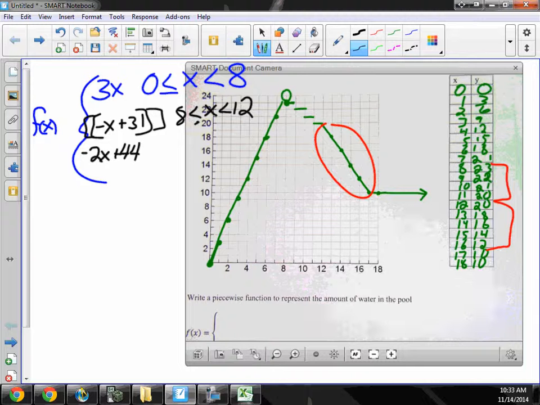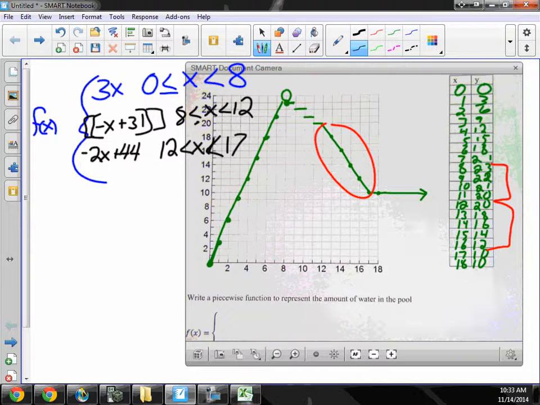When does that function exist? What's the domain? It starts at 12 and it ends at 17. So 12 less than x less than 17. Is 12 part of the leaking function?